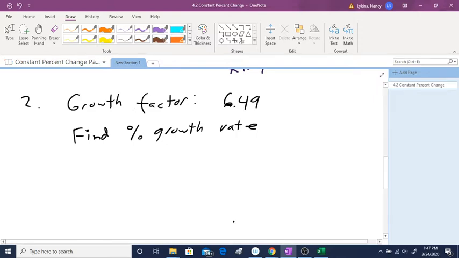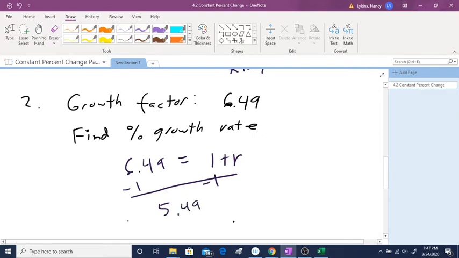So we do know that our growth factor is 6.49. We set it equal to that 1 plus R. Subtract 1. You get 5.49 equals R. Multiply this by 100%. And you should get 549%.